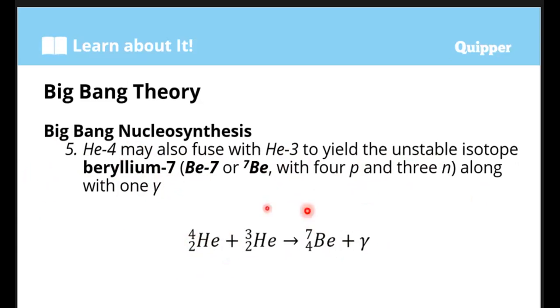Again, I hope you were able to somehow grasp the idea of how the subatomic particles are being combined from one element to another element, in order for them to create the light elements that are present in the universe. So we have now the beryllium 7, as the helium 4 is being combined with a helium 3.